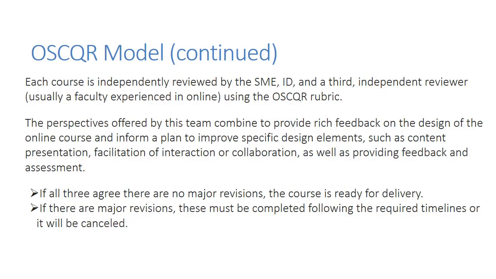So the OSCAR review has now been done using the rubric, and putting the three reviewers' viewpoints together, you should catch most of the flaws in the course layout, and you should be able to get some good ideas on how to improve it. Hopefully there won't be any significant things that need to be done at this point.